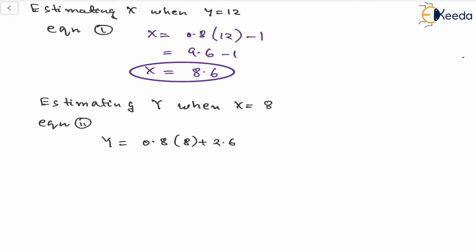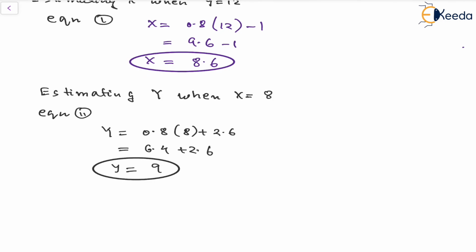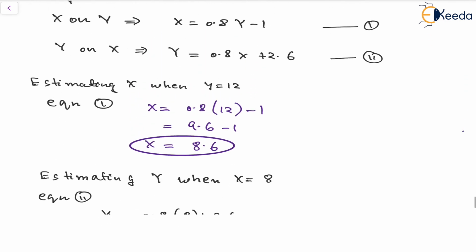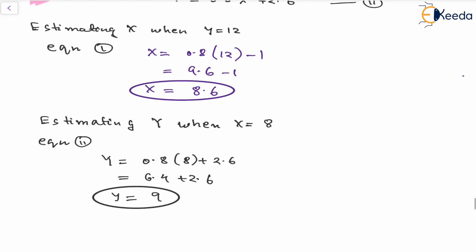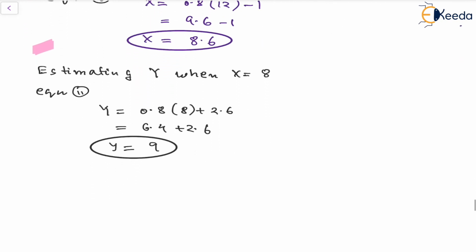So this becomes 6.4 plus 2.6, and therefore y is equal to 9. So we have got all the results, that is the regression line of x on y, the regression line of y on x, the estimation of x when y is 12, and the estimation of y when x is equal to 8. Thank you.